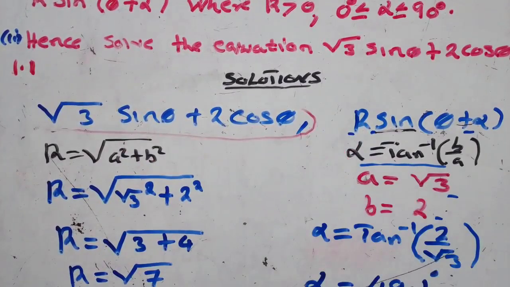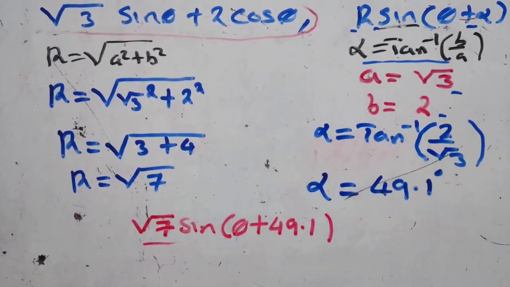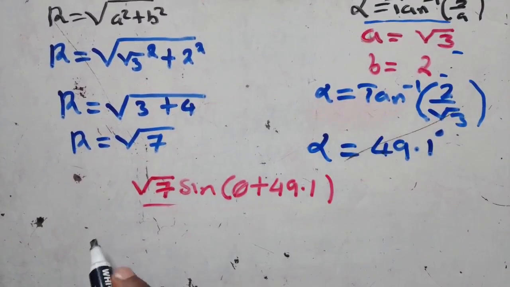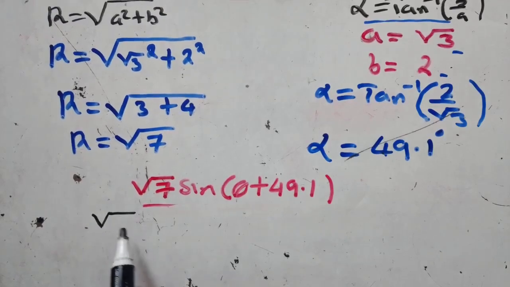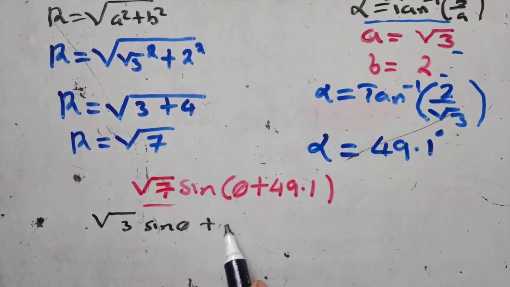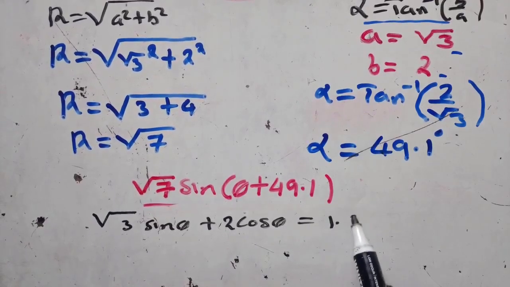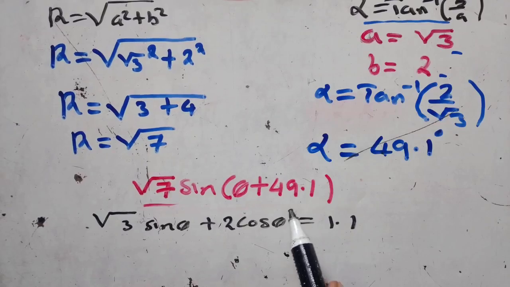Let me just highlight it so that you see what we are talking about. We have this equation: root of 3 sine theta plus 2 cos theta is equal to 1.1.